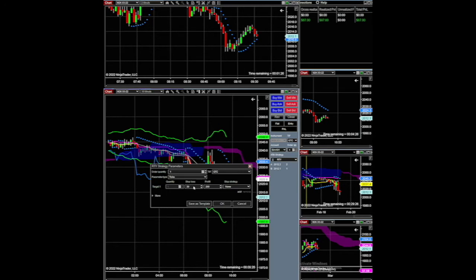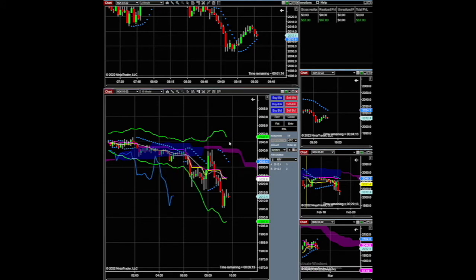Now I can change any of that along the way, but a stop loss of 30 ticks, each tick is only 50 cents. So we're talking about $15. So it's super conservative, super simple to just get in and try it and see what happens and only risk $15. If you happen to be trading on NinjaTrader, the intraday margin for this is only $50.